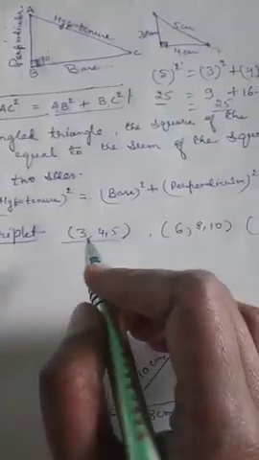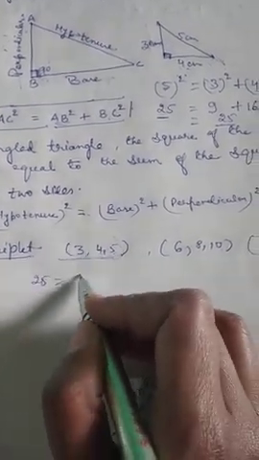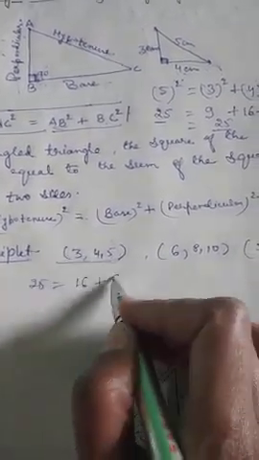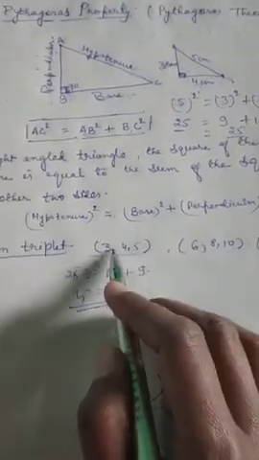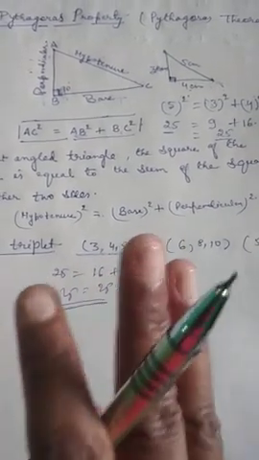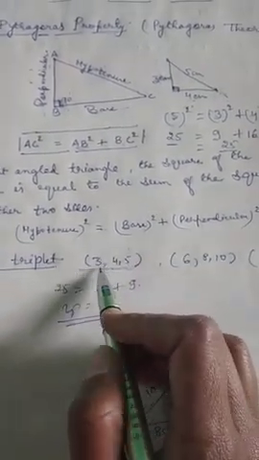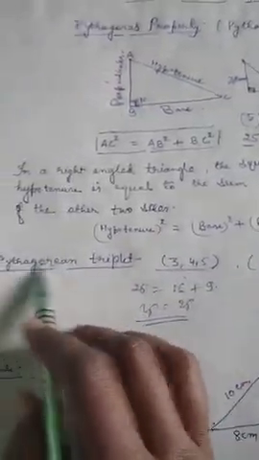13. So 5 square means 25 is equal to 4 square means 16 plus 3 square means 9. Yes, definitely both are equal. It means it is a Pythagoras triplet, a combination of 3 numbers which fulfills this Pythagoras property. This is called a Pythagoras triplet.